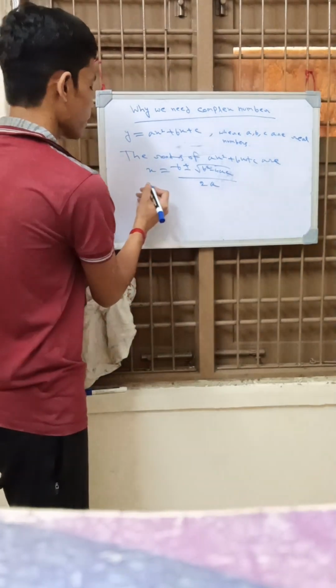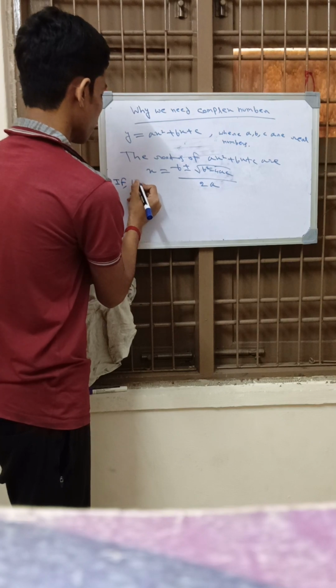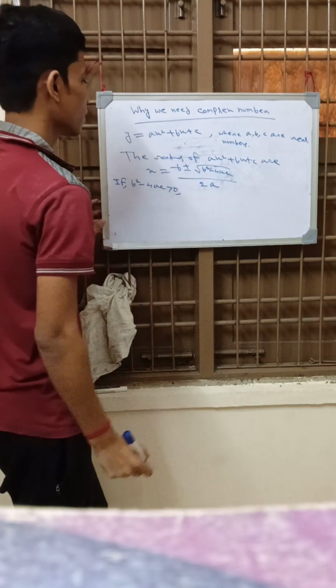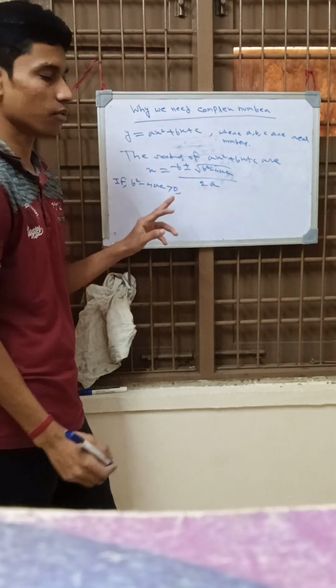If b square minus 4ac is greater than 0, then this part is real and x has two distinct real roots.